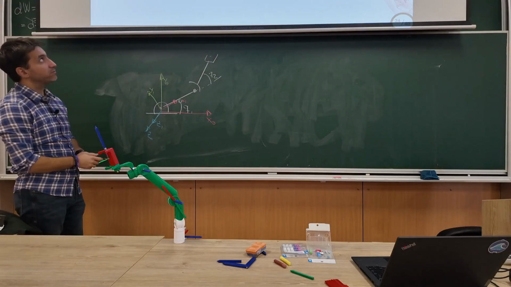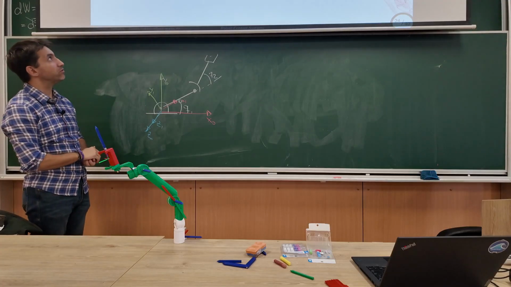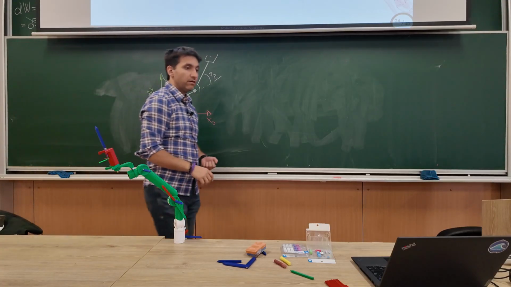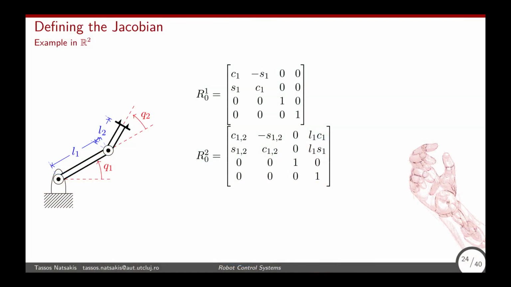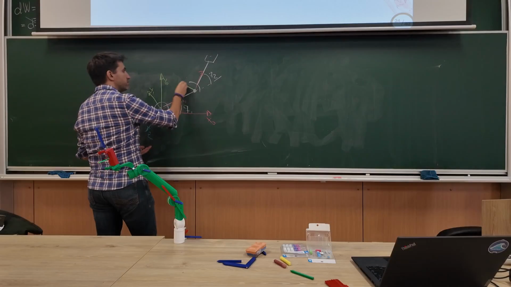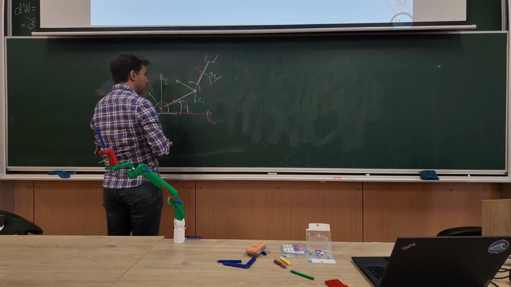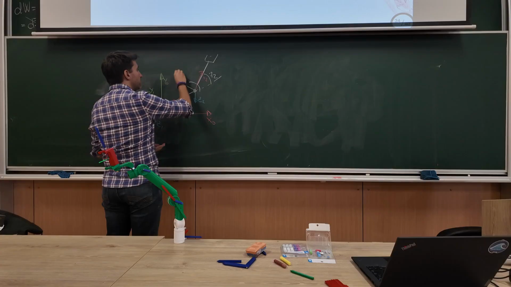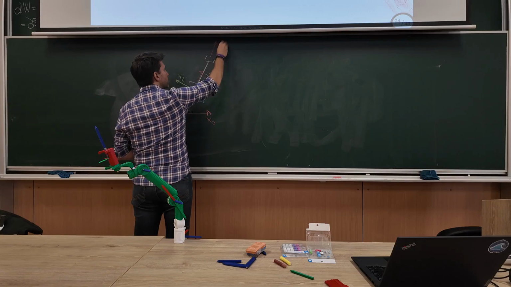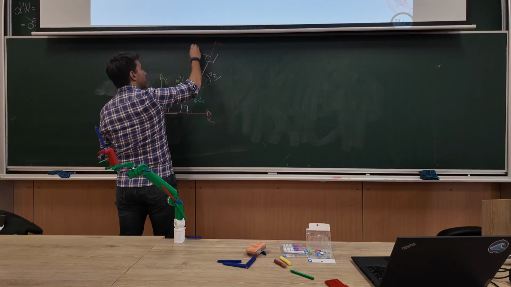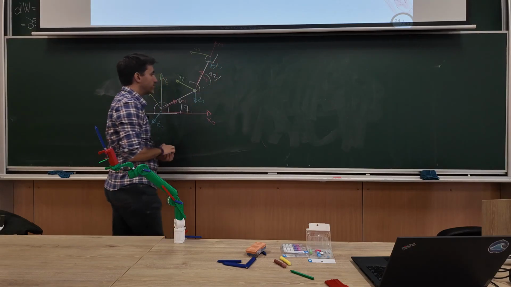Okay, and I have this transformation matrix, which is basically the rotation around Z, a homogeneous transformation, right? I will have the transformation till the second joint, basically this frame here, Z2, X2, Y2, and then I think X3, Y3, Z3.